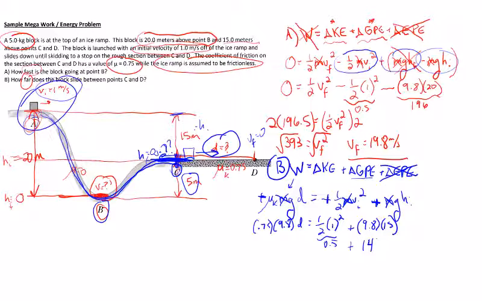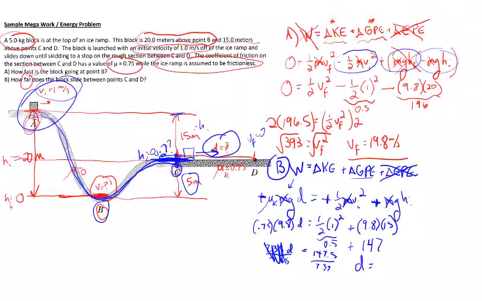Yep. So these together is 147.5, and then we can multiply that. 0.75 times 9.8 is 7.35, so this is 7.35 D equals 147.5, divide by that 7.35, and that should give me what D is.